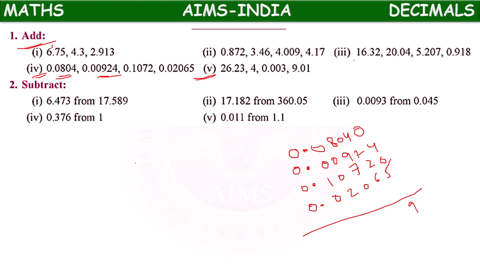Fourth place, 4 plus 2, 6, 6 plus 2, 8. 8 plus 6, 14. 1 we can keep here. 9 plus 7, 16 plus 1, 17. 1 we can keep here. 8 plus 2, 10. 10 plus 1, 11. 1 we can keep here. So 1 plus 1, 2. Point, all zeros, 0. 0.21749. This is the answer.